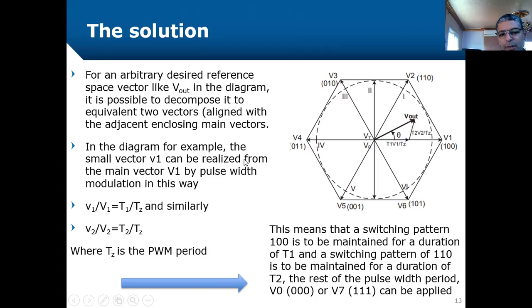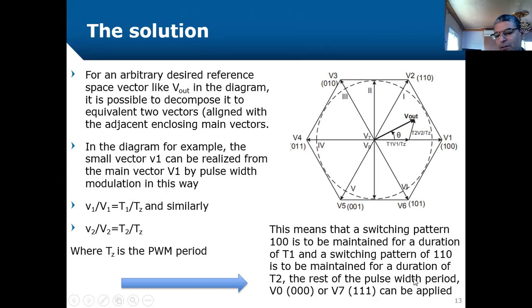The small vector V1 can be realized from the main vector V1 by pulse width modulation in this way: small V1 by V1 equals T1 by TZ, and similarly small V2 by the grand V2 equals T2 by TZ, where TZ is the pulse width modulation period. This means that a switching pattern 100, which is V1, will be maintained for a duration of T1, and the other vector 110 will be maintained for a duration of T2.